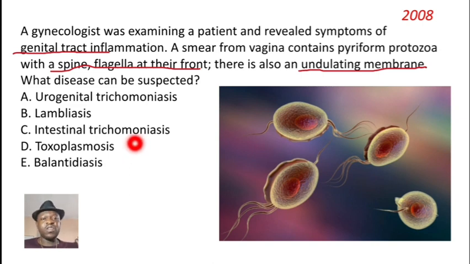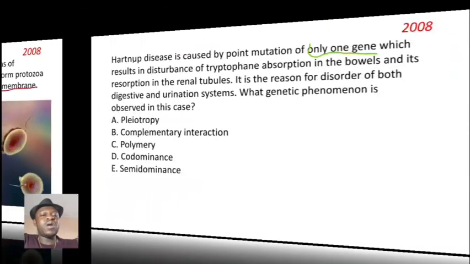Intestinal trichomoniasis is wrong because here the symptoms are urogenital. Toxoplasma is absolutely wrong. And Balantidium coli, no. If you put these answers, you have a problem. I'm kidding. So the answer is urogenital trichomoniasis. Next question.